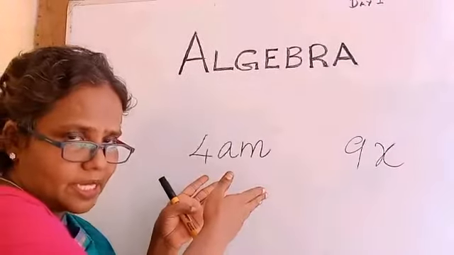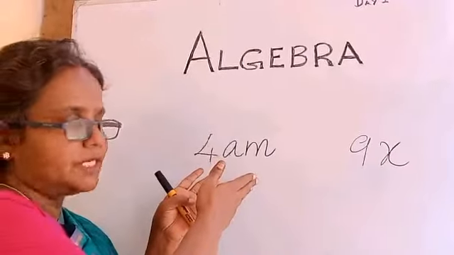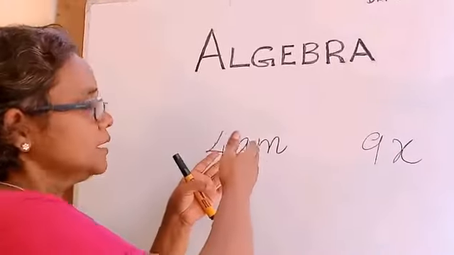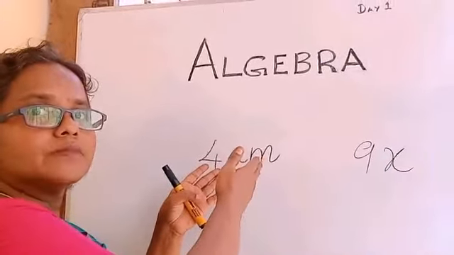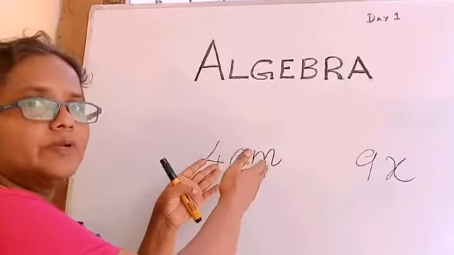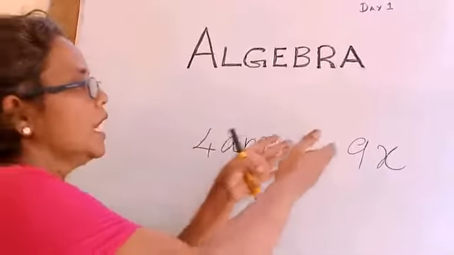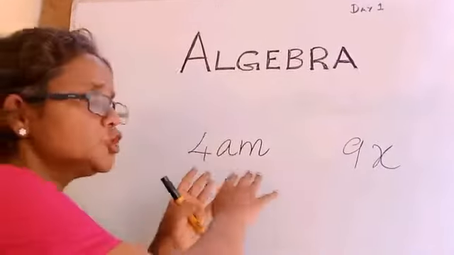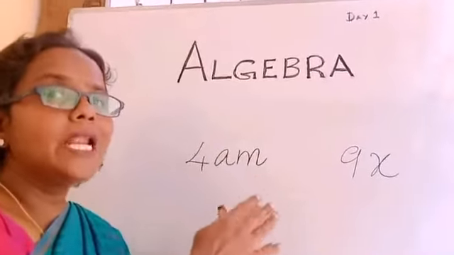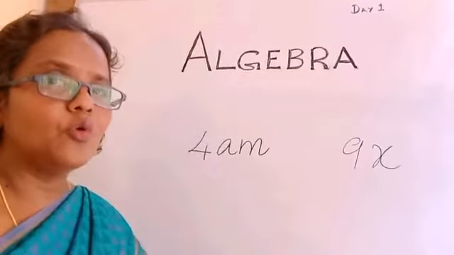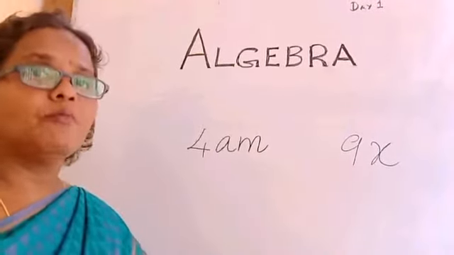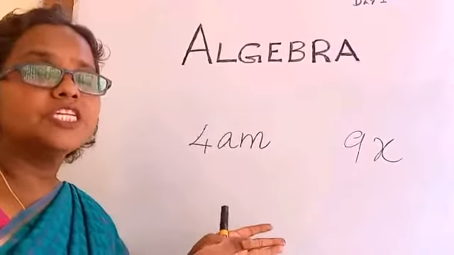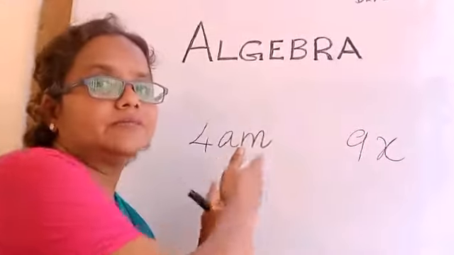So just look at this example. I have written two terms here, 4am and 9x. But look at the variables involved in the terms. In the first term, the variables involved are a and m, and in the second term, the variable involved is x. These two terms I call unlike terms, and therefore I cannot perform an addition operation as well as a subtraction operation on unlike terms.